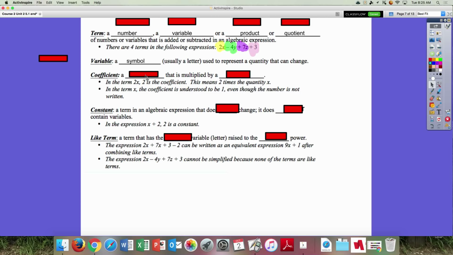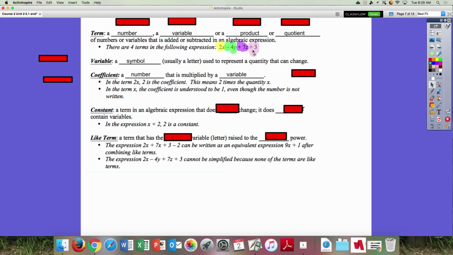A coefficient is the number in front. It is multiplied by the variable. So the coefficient here would be 2. It's being multiplied by the x. The coefficient here would be that negative 4. It's multiplied by the y. The coefficient here would be 7. It's multiplied by the z.